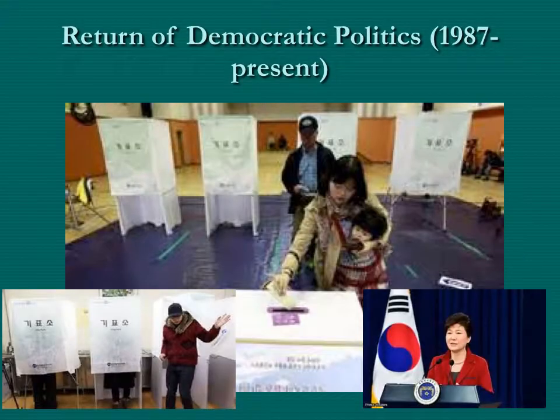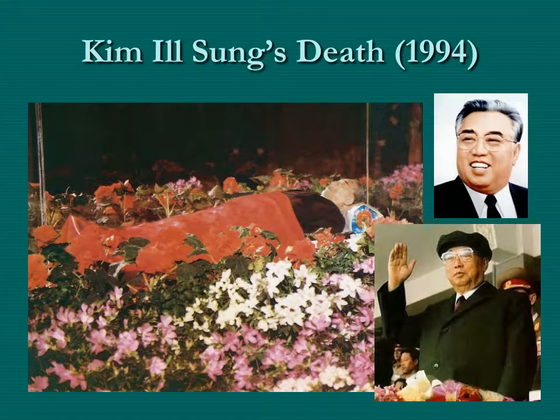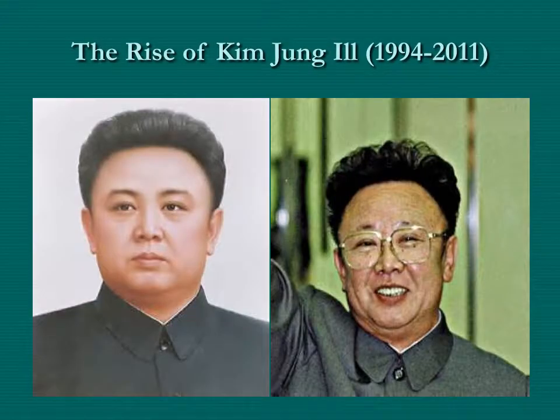And we see that in 1987 with the first completely open elections held in South Korea, where now we can officially say that there is an element of popular democracy there, at least since the late 1980s. 1994, Kim Il-sung dies. Power passes to his son, Kim Jong-il, who rules until his death in 2011.